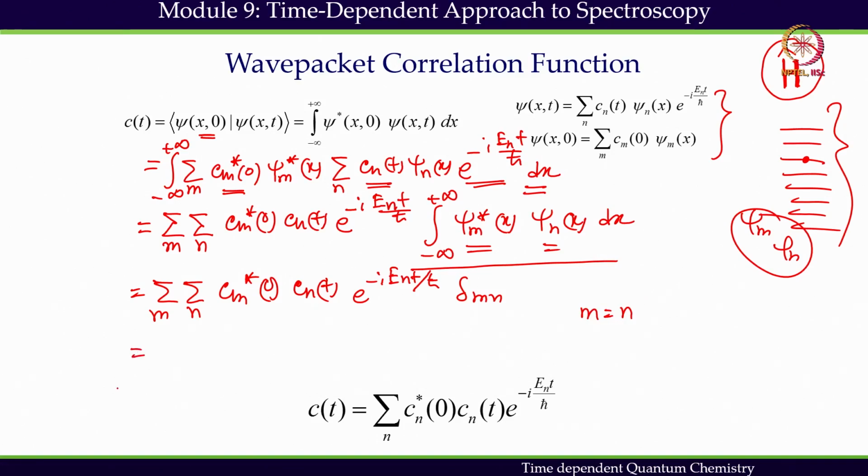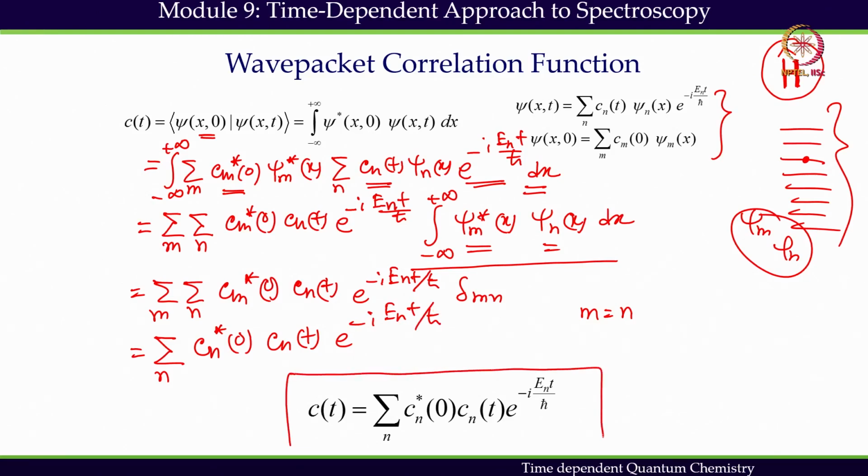So the only terms which will exist in the end in this summation are those where m equals n, which means I have the summation remaining of Cn star 0, Cn(t), e to the power minus i En t by h cut. This is what we have remaining. So finally, this is another form of the time correlation function.